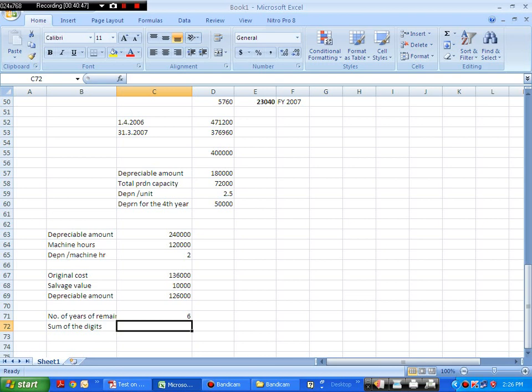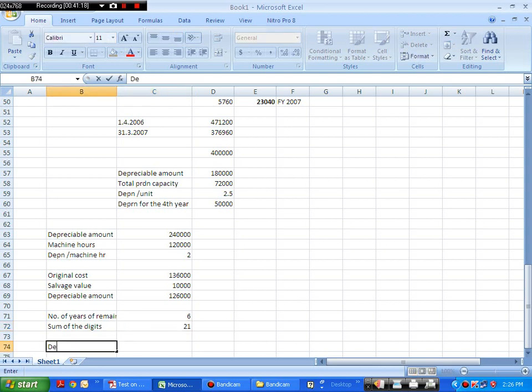So this is an arithmetic progression, and to find the sum of an arithmetic progression where the difference between every item is 1, the formula is n into n plus 1 by 2, where n is the number of observations. So it will be 6 into 6 plus 1 divided by 2, which gives us 21.